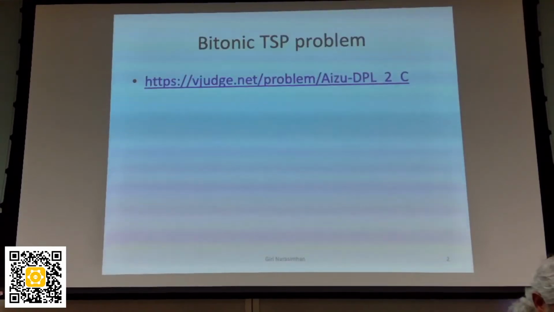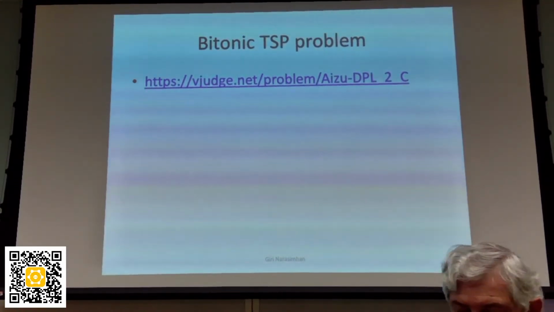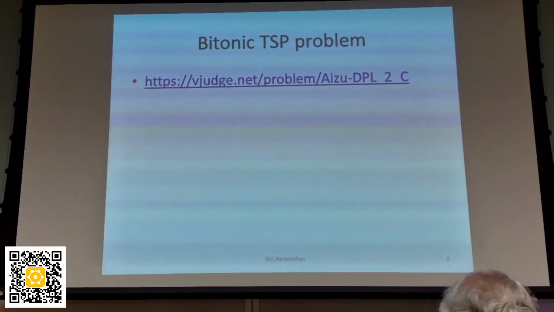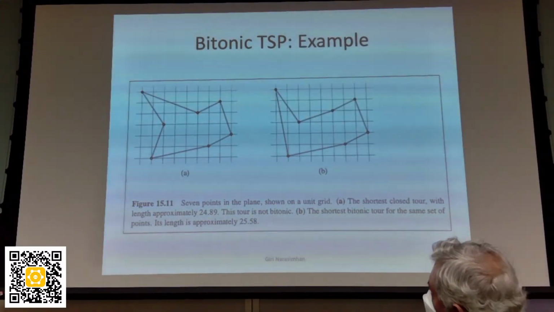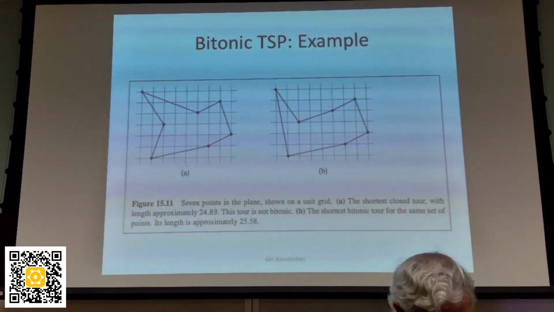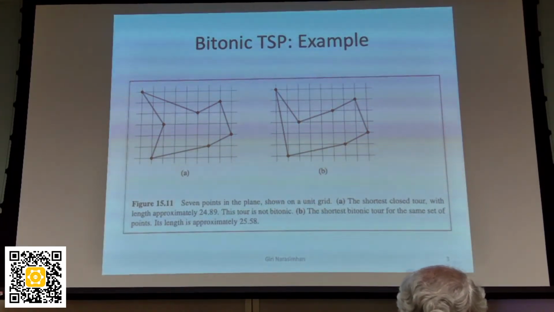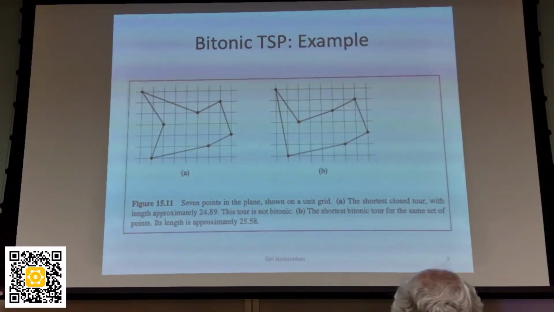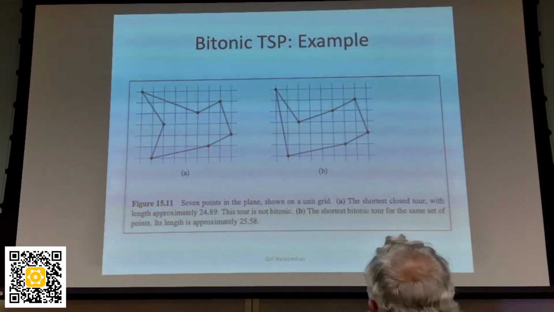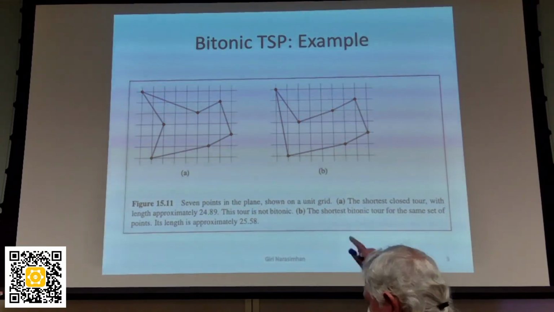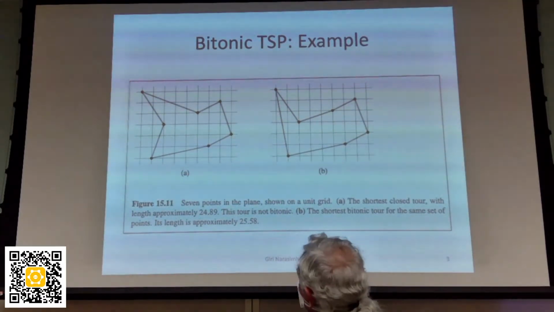Okay, so this is continuing what we did last time. We were talking about this Bitonic TSP problem. The problem is you're given a set of points in the plane, and you're asked to find an optimal Bitonic traveling salesperson tour.